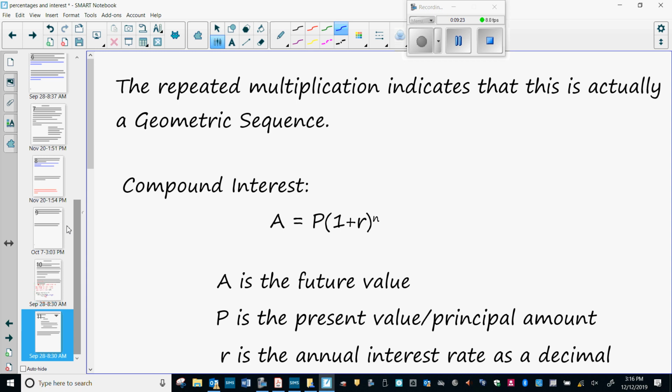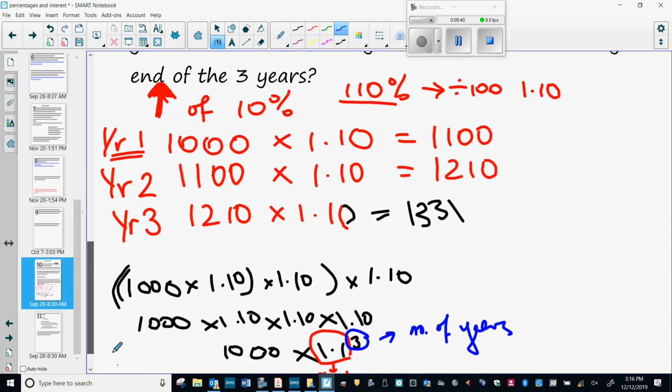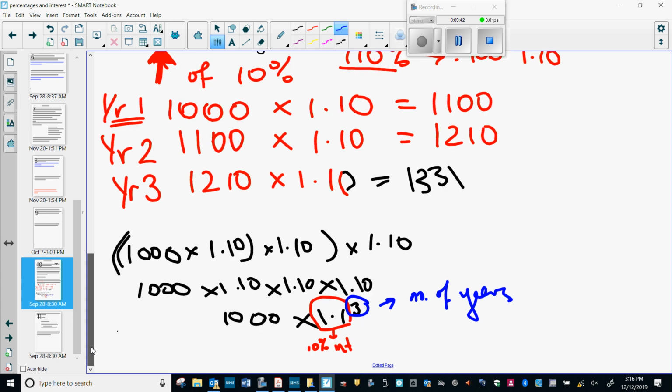So A, now remember for simple interest, we were able to find just the interest. For compound interest, what we do is we find the future value of the amount. So if it was worth $1,000, we now know at the end of the 3 years it was worth 1,331. So we know the future value.